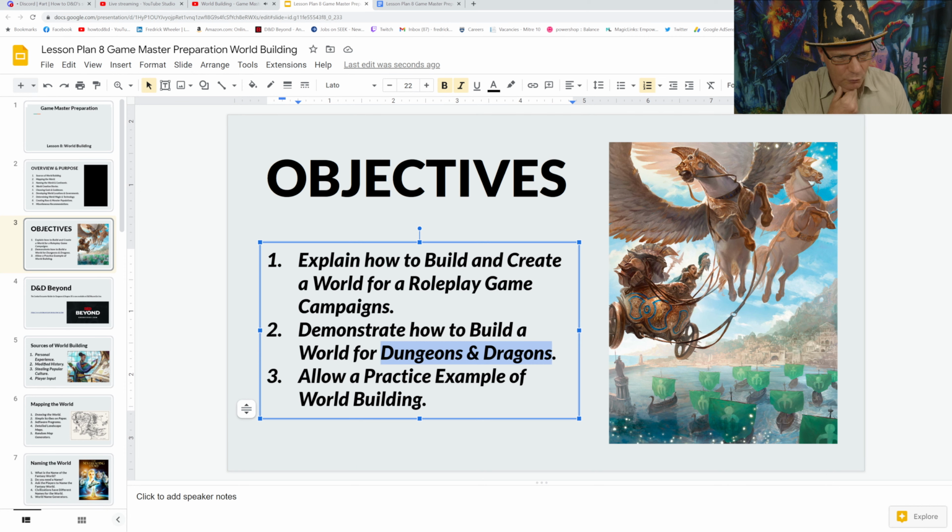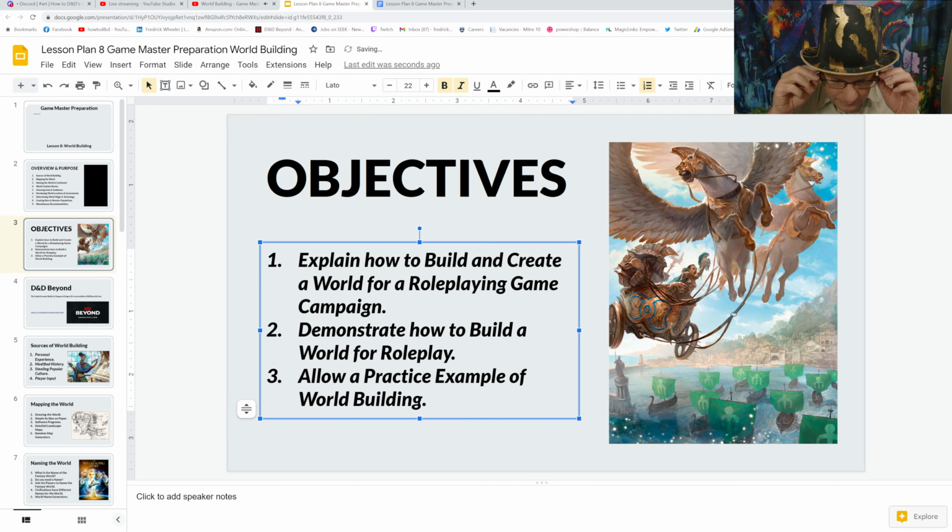Demonstrate how to build a world for role-playing games. Explain how to build and create a world for a role-playing game campaign. That's that one.